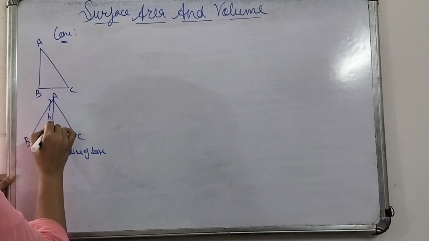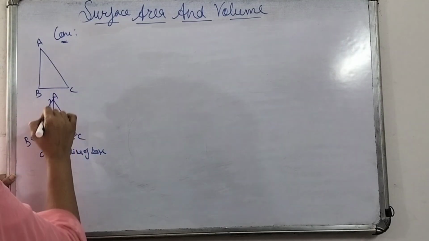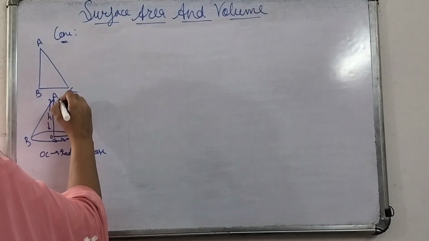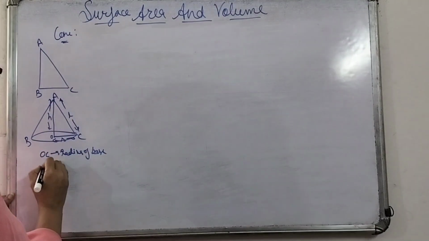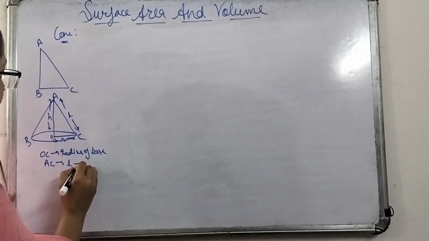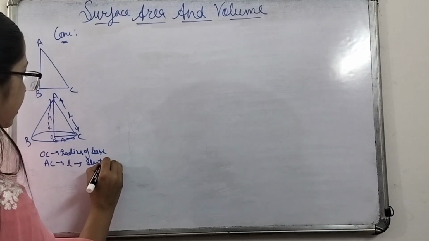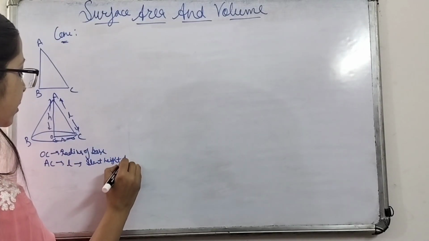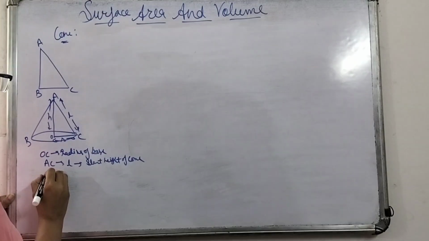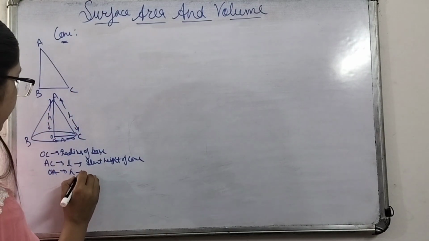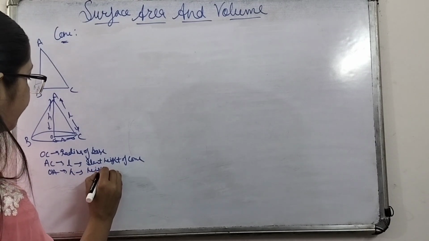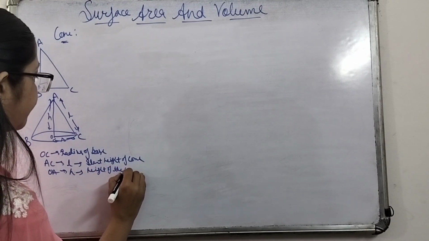AO is the height of the cone, and AC is known as the slant height of the cone. AC is denoted by L, it is the slant height of the cone, and OA is denoted by H, which is the height of the cone.